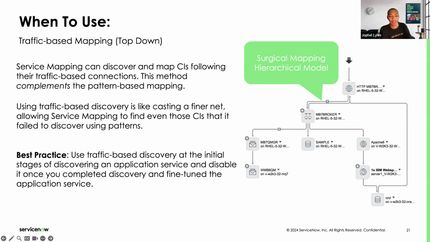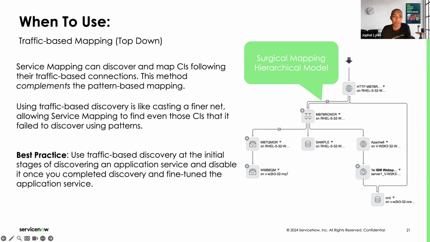So think of this as casting a finer net as it's using those traffic-based flows of connections. One thing to note for this one, because traffic-based connections are changing so frequently, just from the sheer amount of data that gets pulled in, sometimes we do see that this method pulls in a lot of clutter, maybe some irrelevant or redundant CIs.